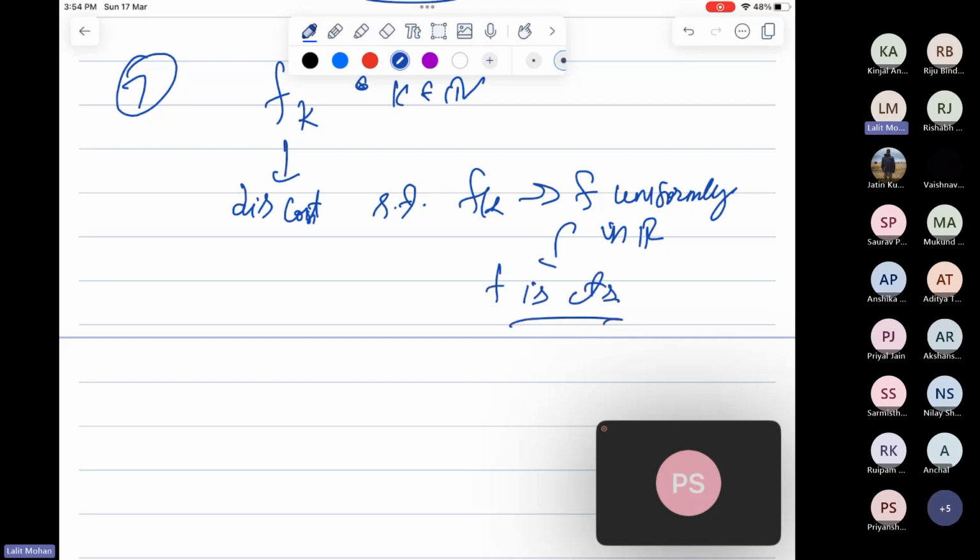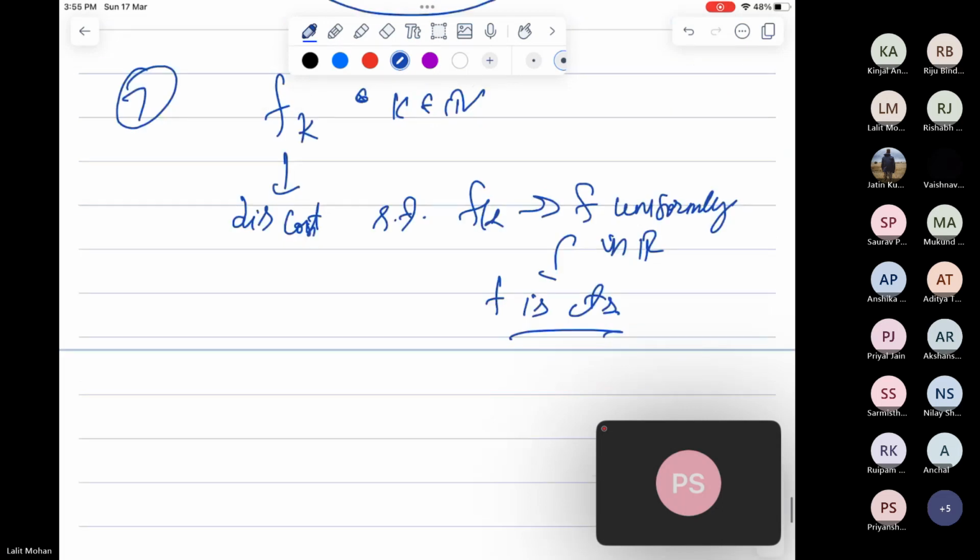Can you construct a family of discontinuous functions converging to a continuous function uniformly? Is it possible? Yes or no?